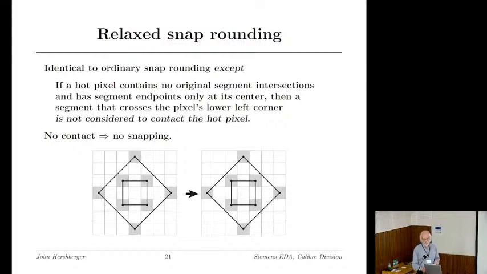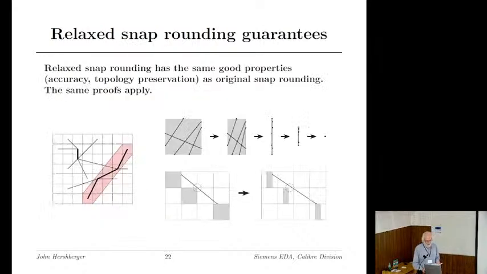I wish I had had you sitting next to me at the time that I thought of this. But this gives the desired behavior on the example that was the problem. And we can prove that it has the same good behavior as ordinary snap rounding.